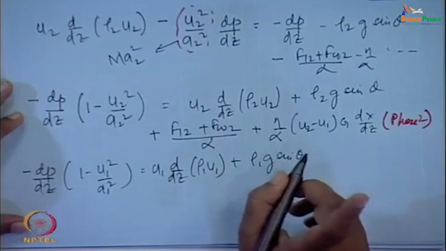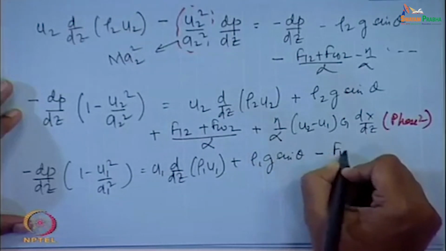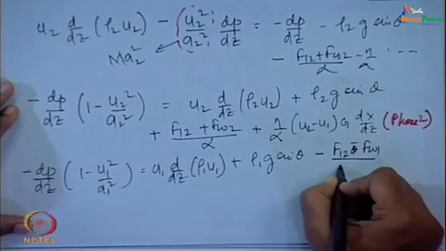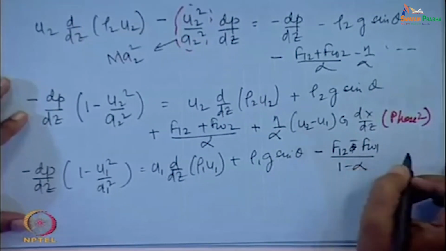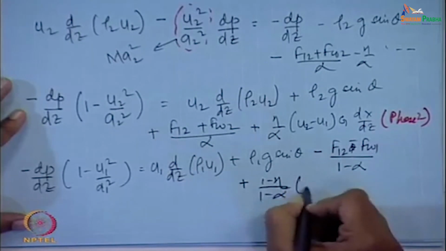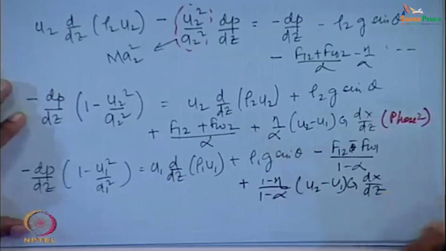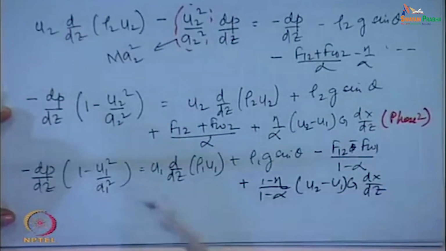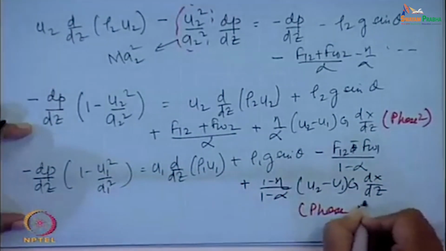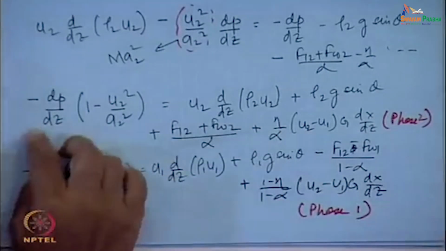Take into account one thing, the signs are very important, because here it becomes minus fw1 by 1 minus alpha, this you have to keep into account, again plus 1 minus eta by 1 minus alpha u2 minus u1 g dx/dz. Same thing I have written down. This is for phase 2, this is for phase 1. Agreed? I can write down these two equations.